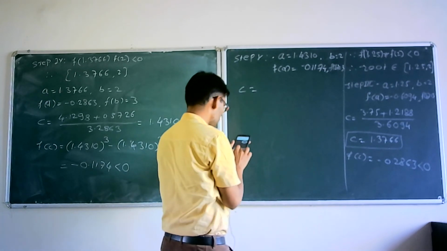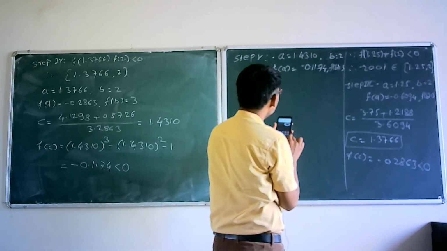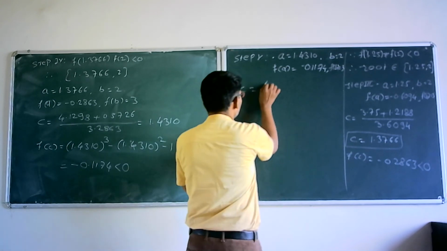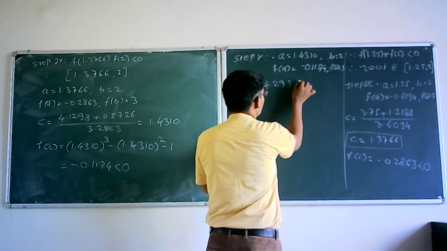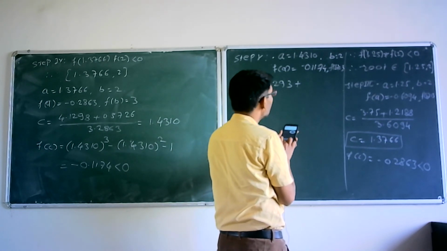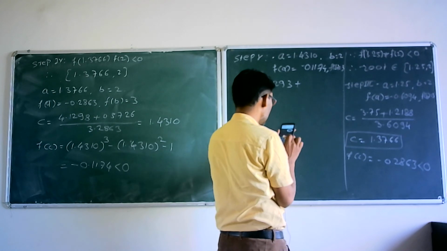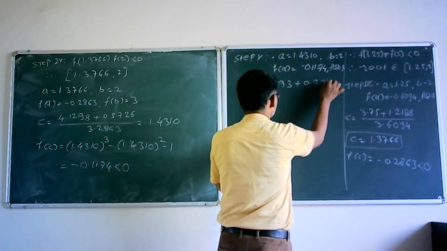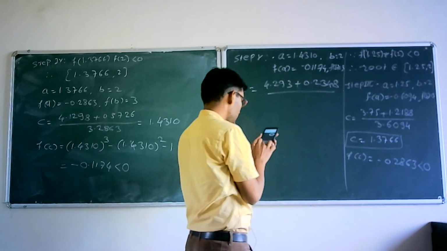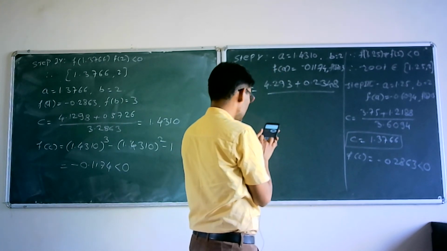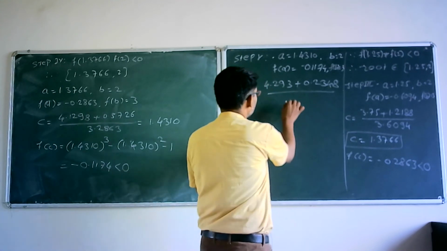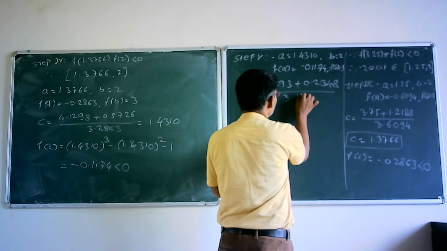3 into 1.4310, that is 4.293, plus 2 into 0.1174, so 0.2348, divided by f of b minus f of a, so 3 plus 0.1174 is 3.1174.